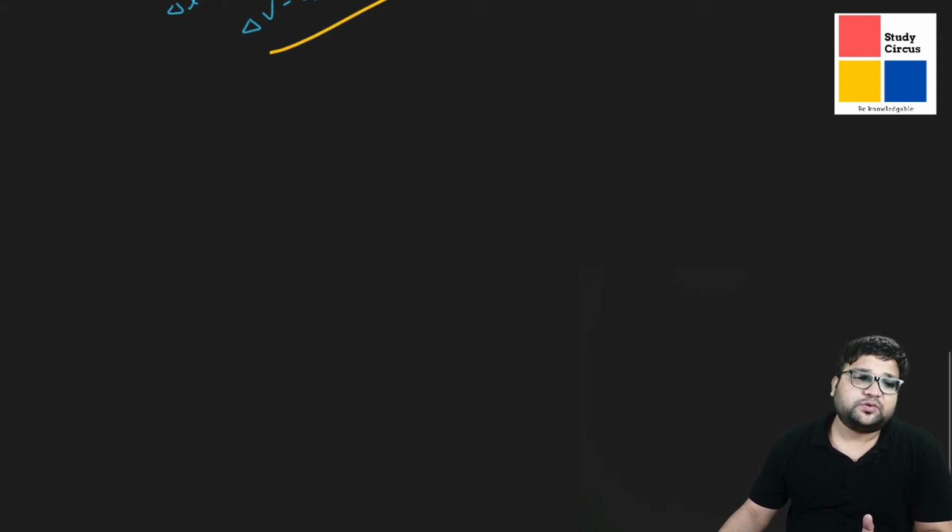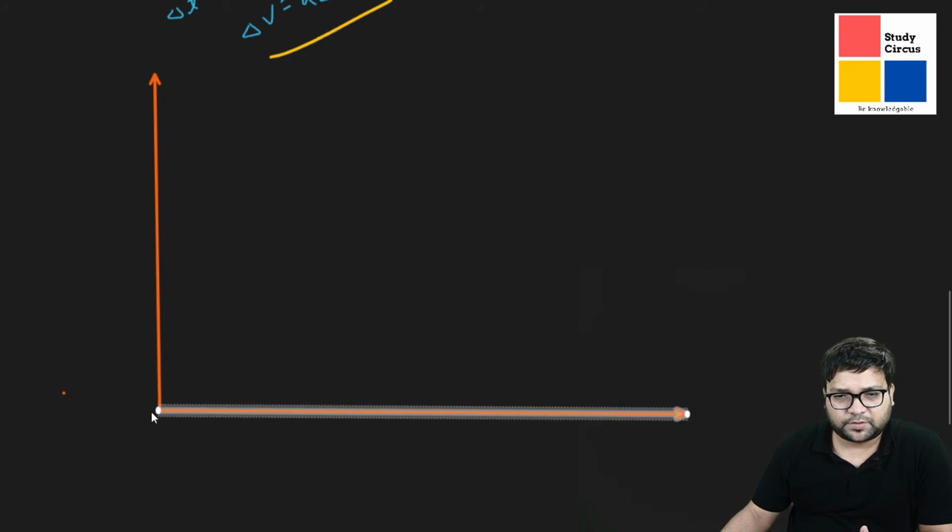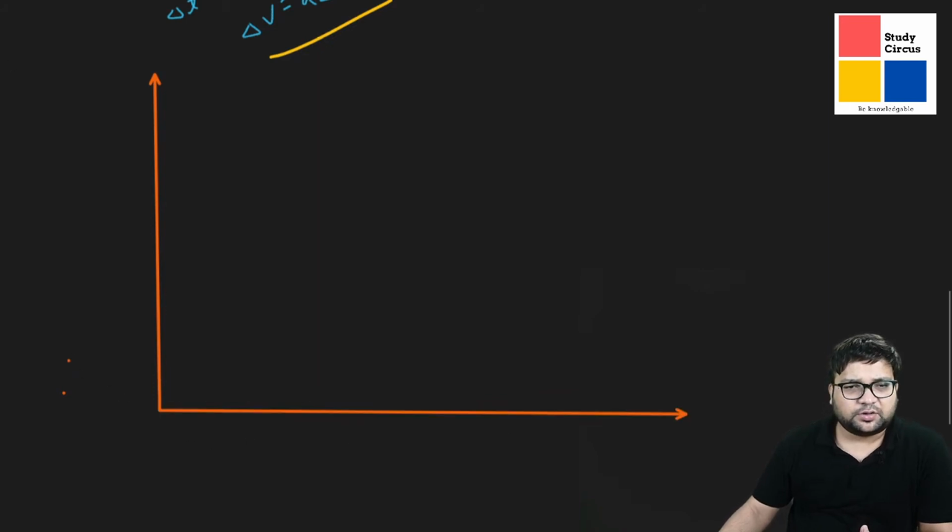Now we try to find out the distance it will travel. For that, again we have to understand one simple thing that we already know. Again, take the coordinate axis, y axis, x axis.